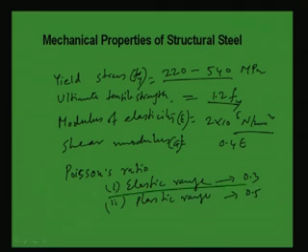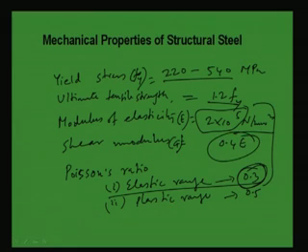Generally we use the elastic range in case of steel design, so 0.3 we will use. So, this we have to remember: Poisson's ratio 0.3, modulus of elasticity 2 into 10 to the 5 Newton per millimeter square, this 2 is very important, and also shear modulus 0.4 into E, right. So, these are the mechanical properties we should know.